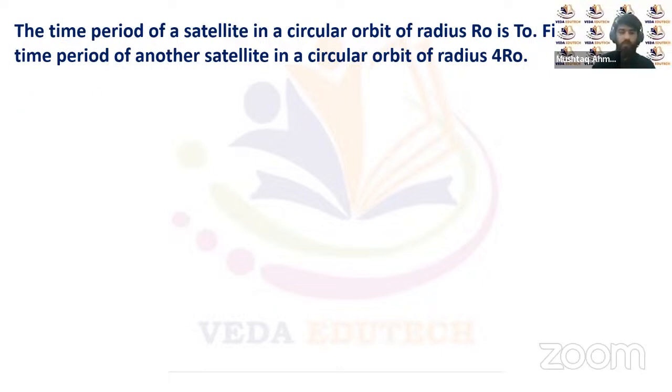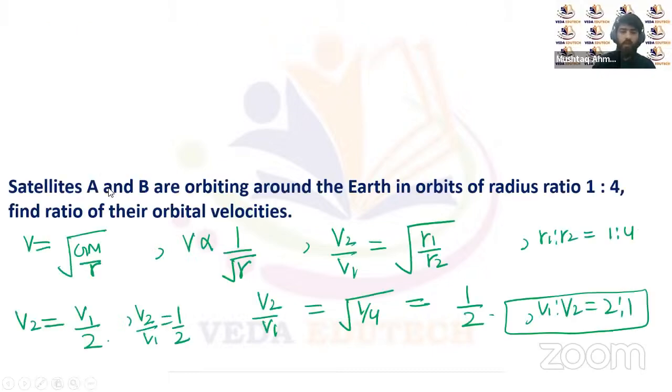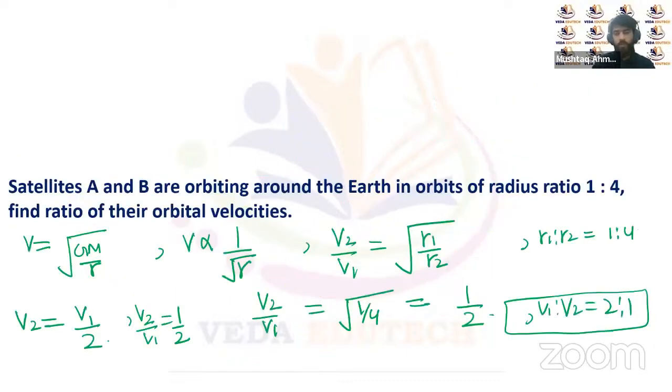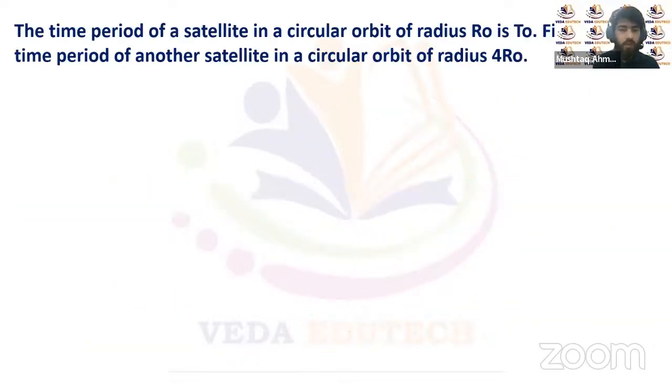In the previous section, we also discussed that the time period and the orbital velocity do not depend upon the mass of a satellite. They only depend upon the mass of the Earth and the distance between the center of the Earth and the satellite. So we concluded that T square is directly proportional to R cube. The question is: the time period of a satellite in a circular orbit of radius R naught is T naught. Find the time period of another satellite in a circular orbit of radius 4 R naught.